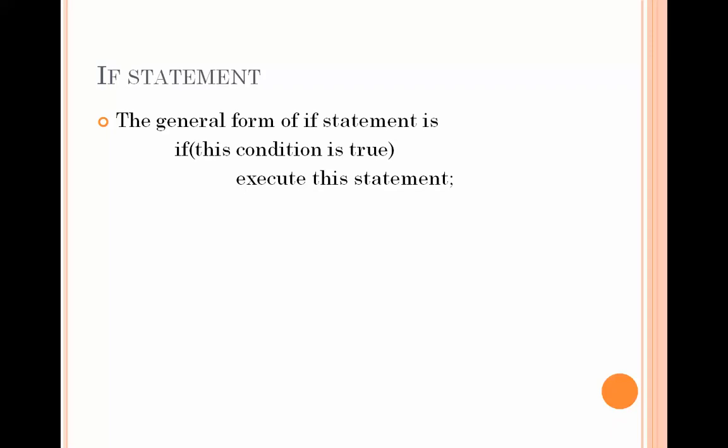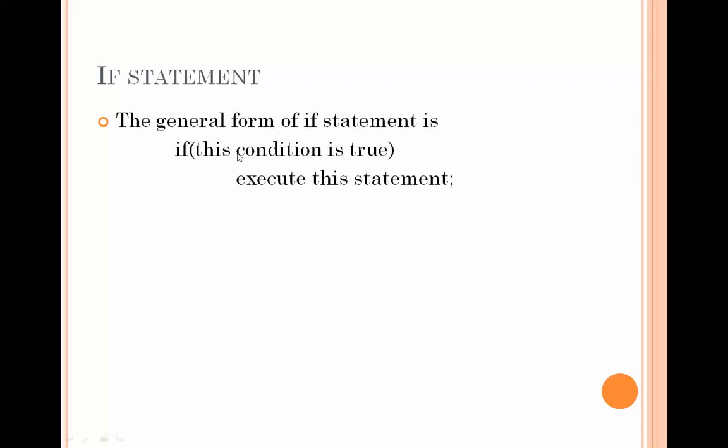Based on that condition, it will be checked whether the next instruction will be executed or skipped. The instruction within the if block will be executed only and only if the condition written inside these brackets is met. That means if the condition is true.